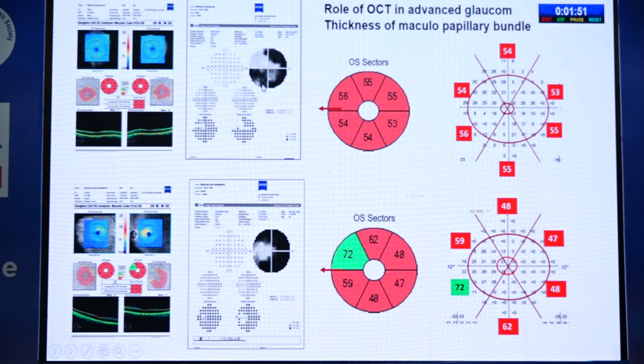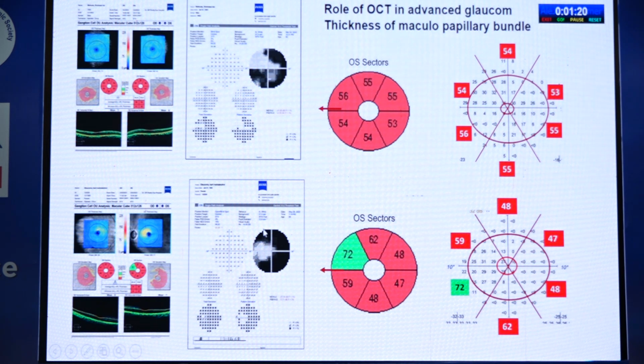When you look at these two pictures here, the visual field the patient has looks very similar. Both patients have a similar scotoma in both eyes. But when you look at the GCC, the papillomacular bundle is severely affected in this eye, where the thickness has fallen to 56, and if there is any further fall because of glaucoma, the patient is going to end up with a complete absolute scotoma.